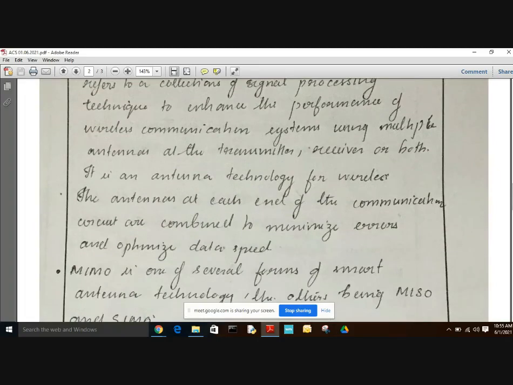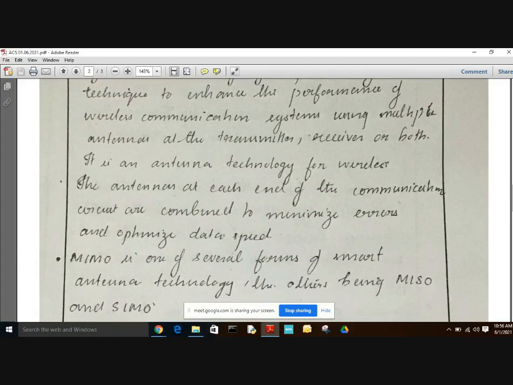In this, antennas at each end of the communication circuit are combined to minimize error and optimize data speed. The antennas are used on both sides, the transmitting side and the receiving side, and these multiple antennas are combined to minimize error and optimize the data speed.